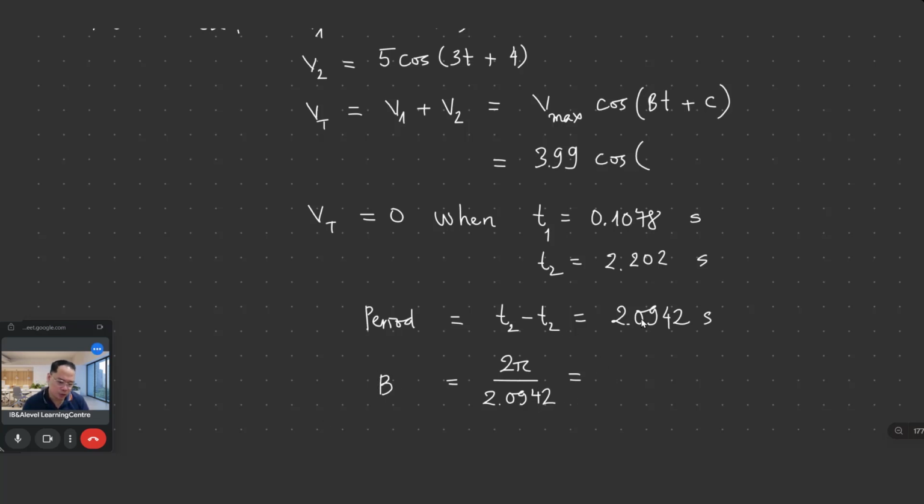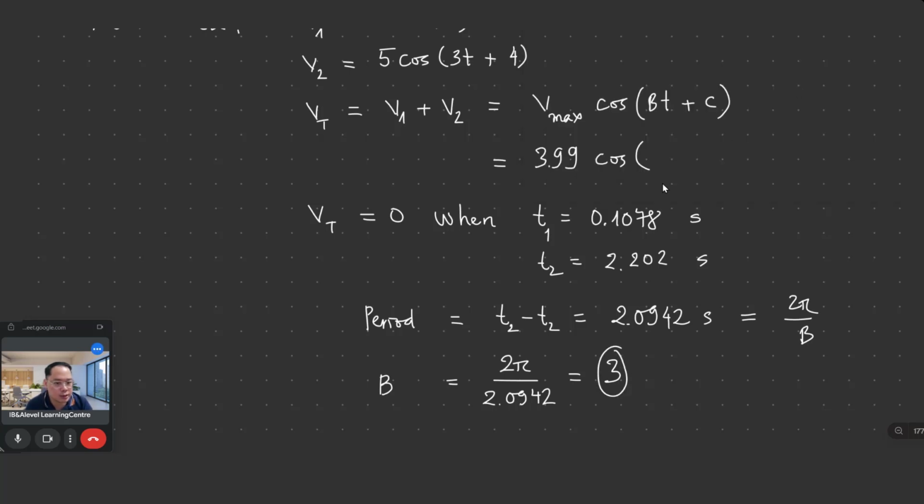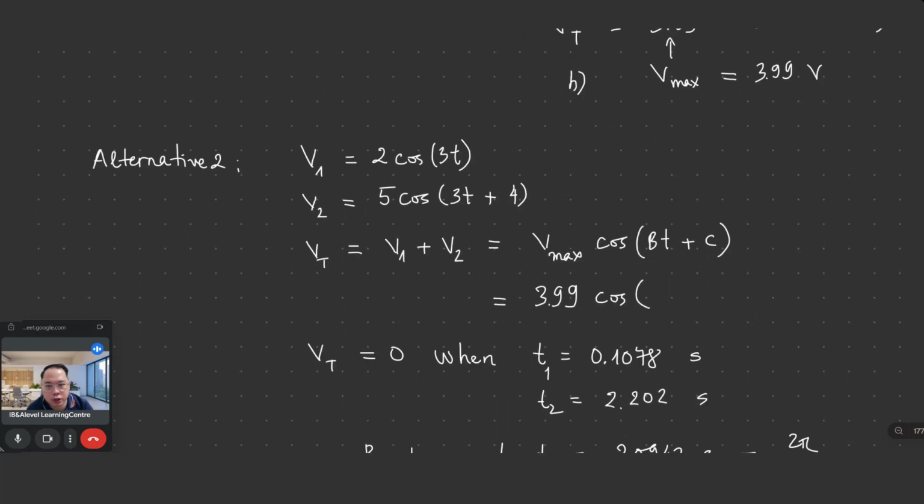Which means this time the period is 2 pi divided by b, and therefore b is 2 pi divided by 2.0942, and we get a very beautiful number, 3, which is exactly the same as the number 3 here, 3t, in v1 and v2.